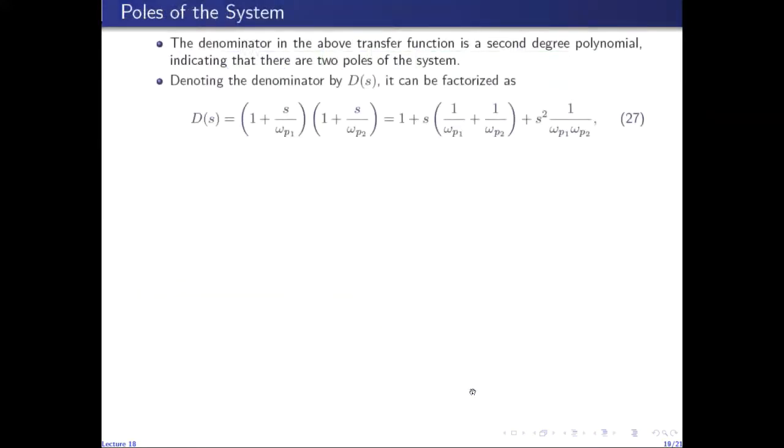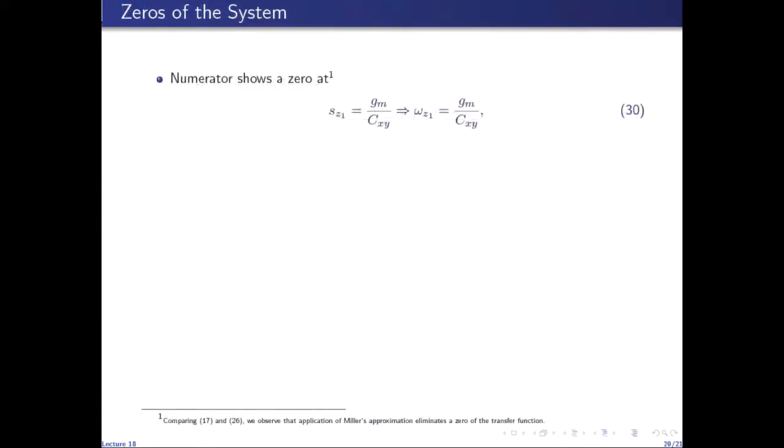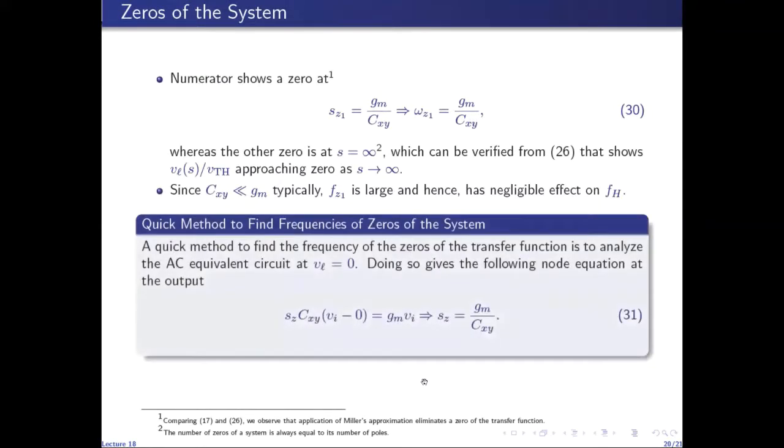This is a typical artifact of applying Miller's theorem. Whenever we apply Miller's approximation, a zero of the transfer function may get eliminated, like it does in this case, because the transfer function obtained using Miller's approximation shows both of the zeros at infinity.